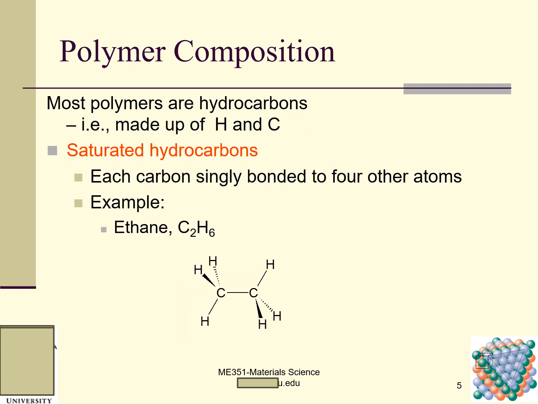Now, polymer composition. So we know the polymer. Most polymers are hydrocarbons. You can see it is H and C, made up of hydrogen and carbon. One type is saturated hydrocarbons.